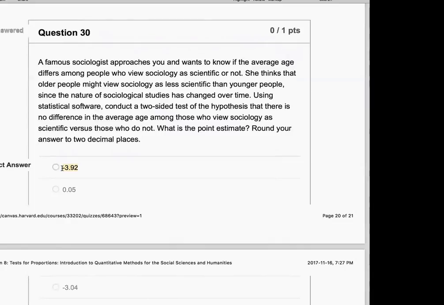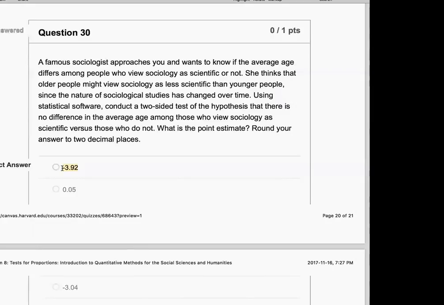Question 30 reads: a famous sociologist approaches you and wants to know if the average age differs among people who view sociology as scientific or not. Keep in mind, this addresses some analyses of the data set.